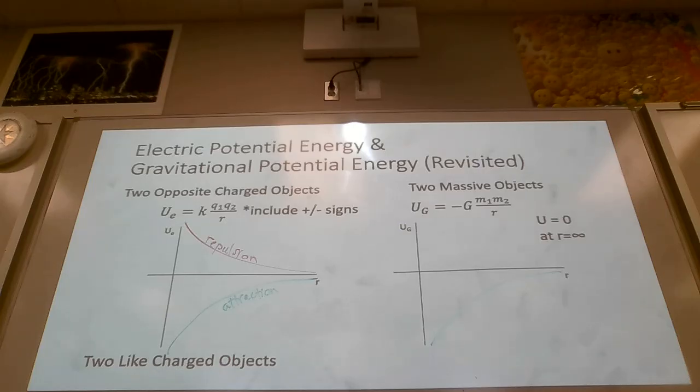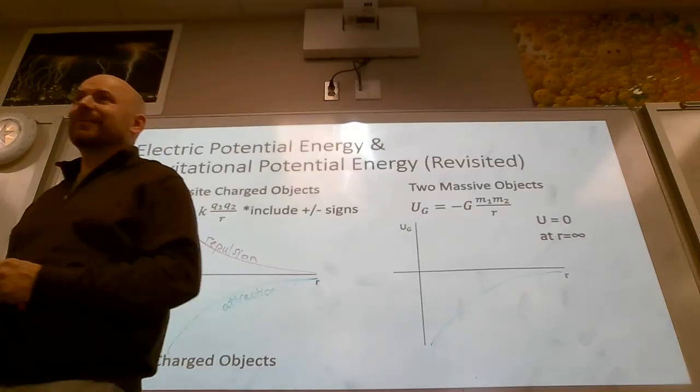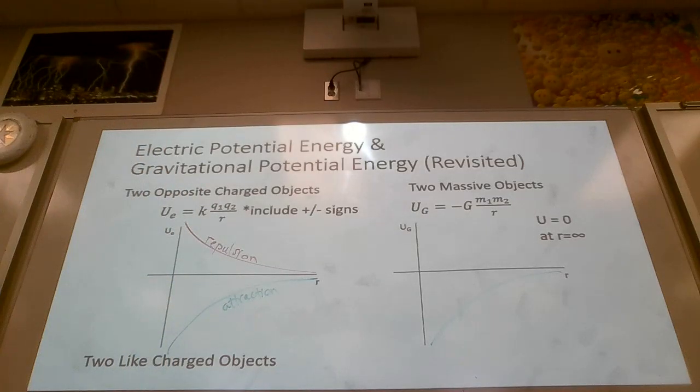And guess what gravity always does? Attracts or repels? It just pulls things together. That's the only option that gravity has. It's attraction. All right with that? Okay, how are we doing with that?